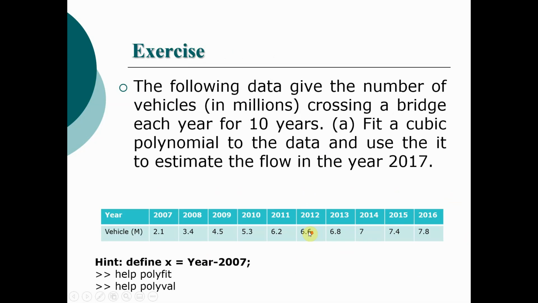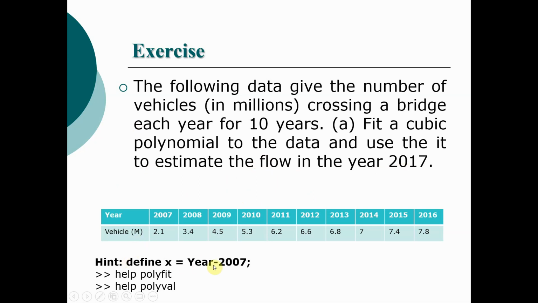As an example here, these are your x values, these are your y values. You see that your x values go from 2007 all the way to 2016. They're clustered around just a very small part of the x-axis, right?